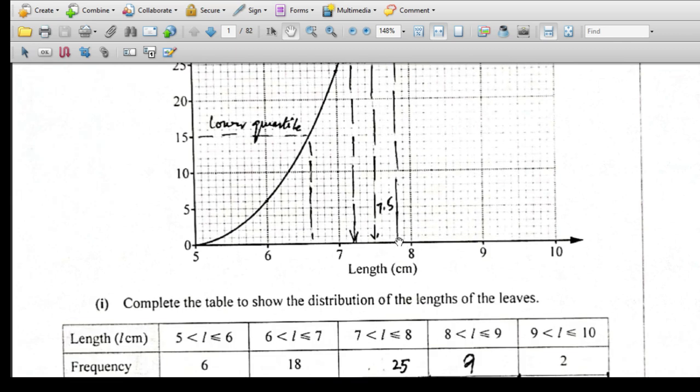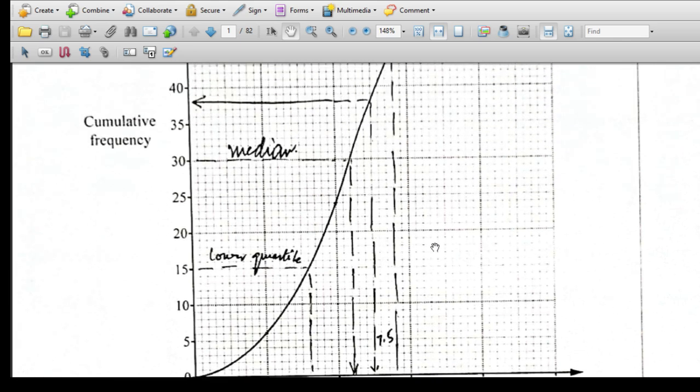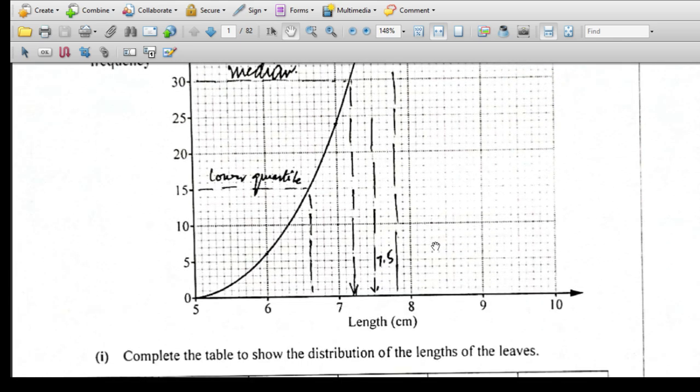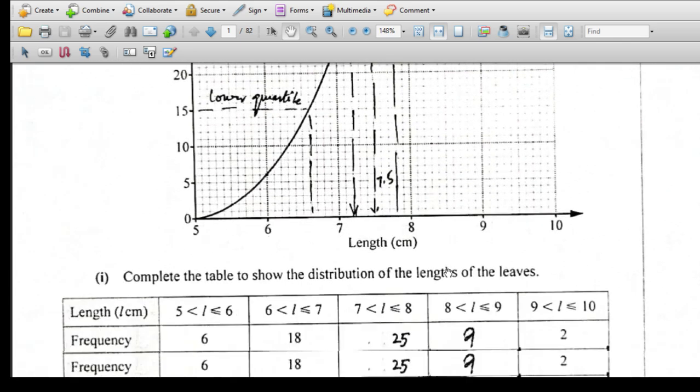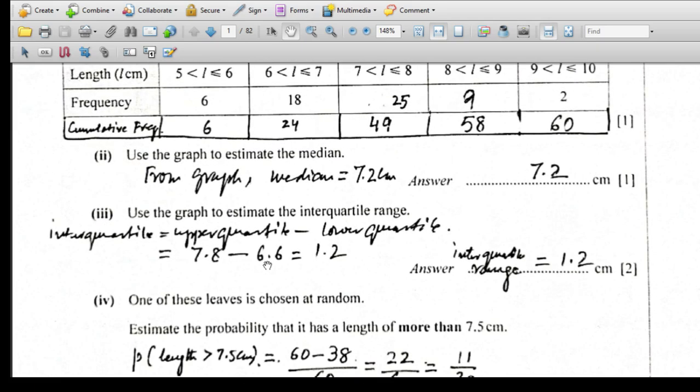So the upper quartile is 7.8 and the lower quartile is 6.6. The difference, 7.8 minus 6.6, is 1.2. So the interquartile range is 1.2, obtained in part 3.